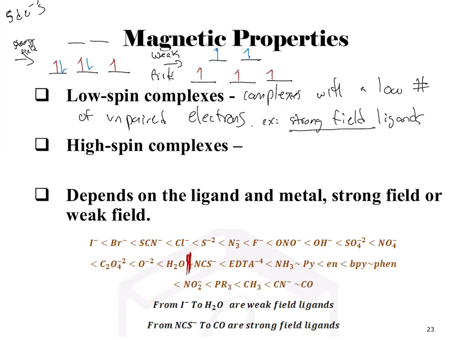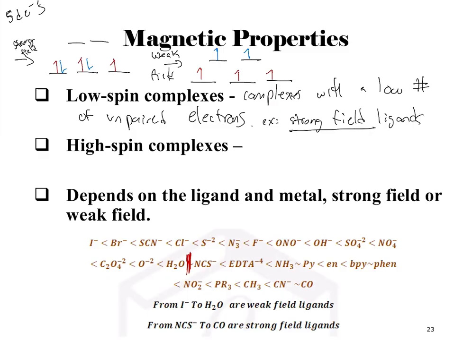So if we look at this now, for a low spin complex, these are usually strong field ligands because when we had 5 electrons, we only have 1 unpaired electron right here, right? Whereas in a weak field, the same 5 electrons now have 5 unpaired electrons here. So the magnetic properties for these two materials are going to be very different from each other. The more unpaired electrons, the stronger response we have to a magnetic field, or even generating its own magnetic field.